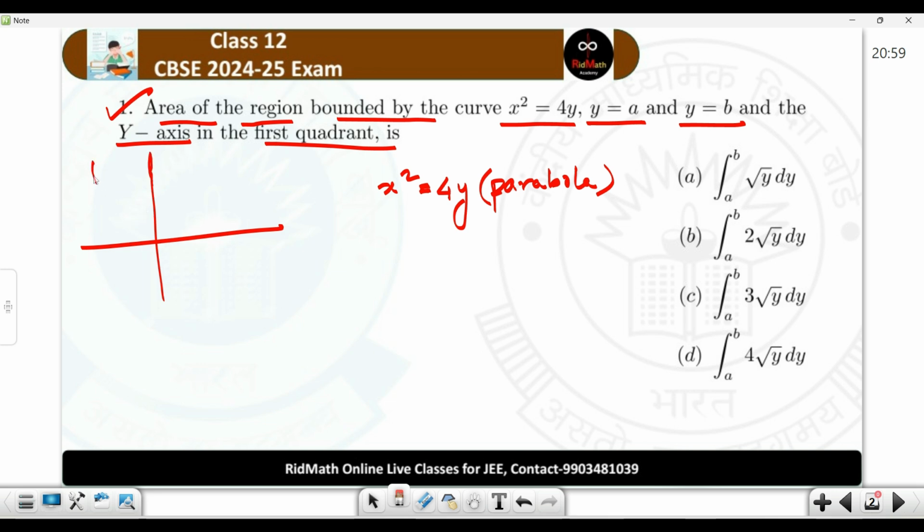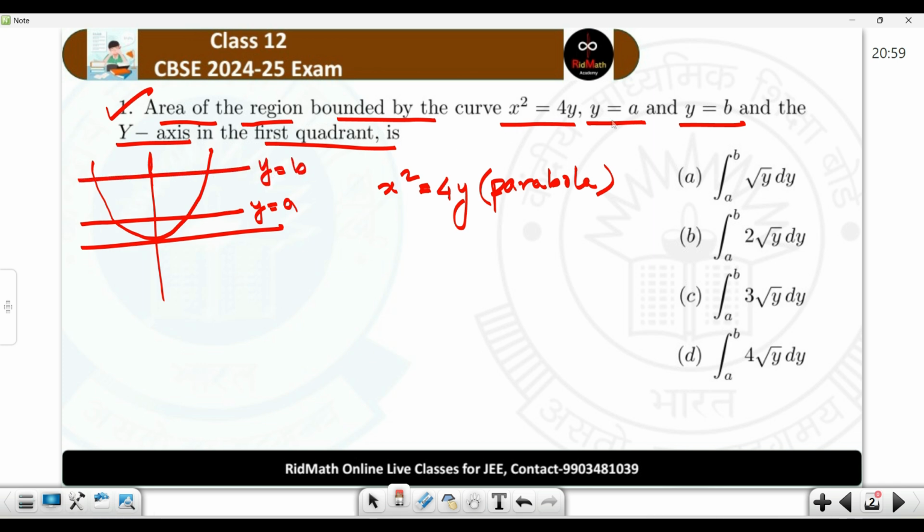Okay, so this is the parabola in the positive y axis, and y equal to a is a straight line, and suppose this is the y equal to b straight line.